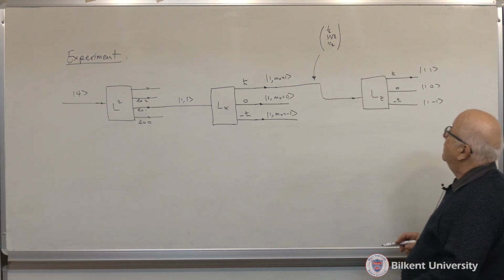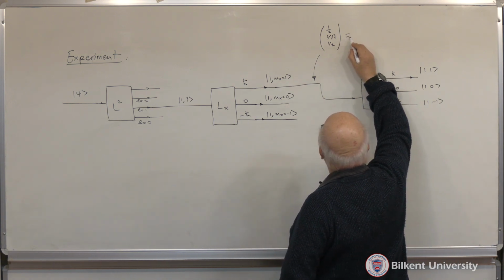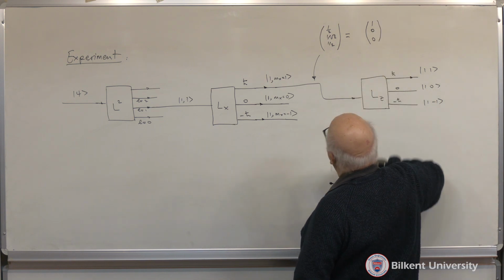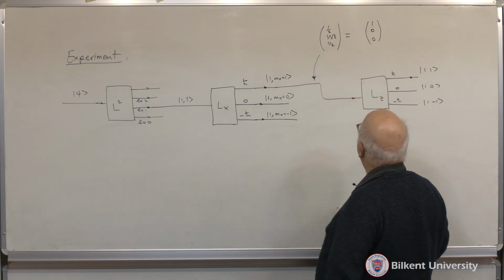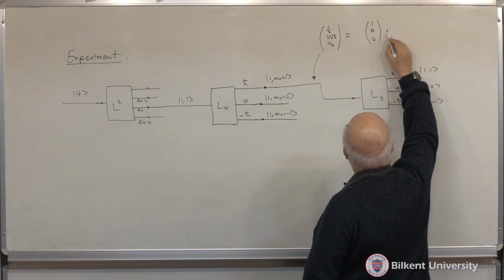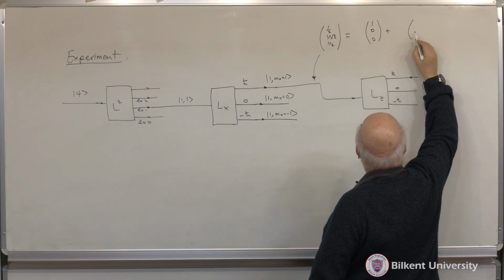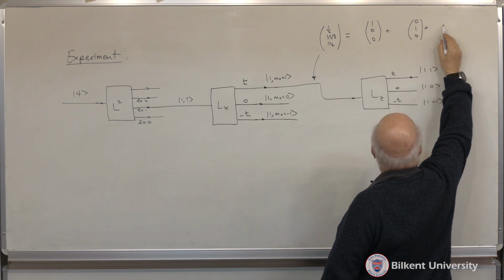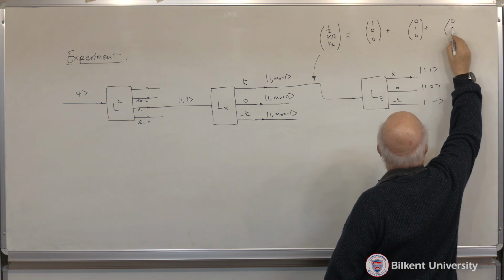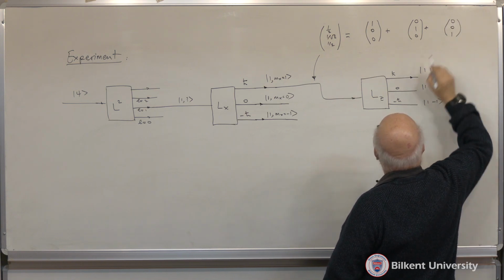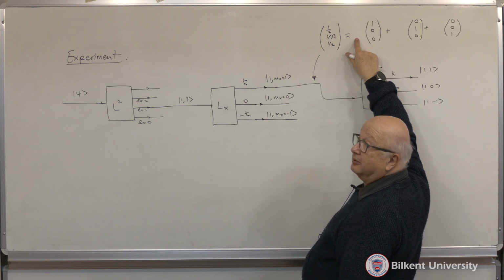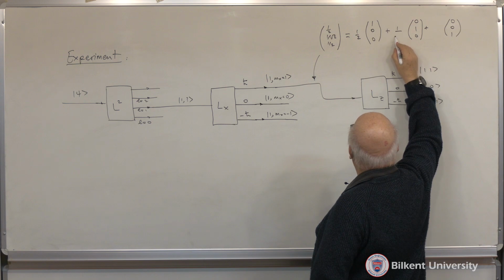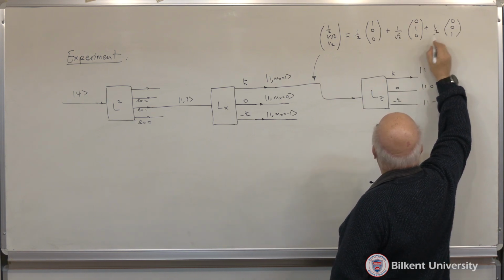So now you tell me, how much of (1,0,0) do I need? I'm going to need that, plus I'm going to need some (0,0,1). So how much do I need over here? 1 over 2, 1 over root 2, 1 over 2, right?